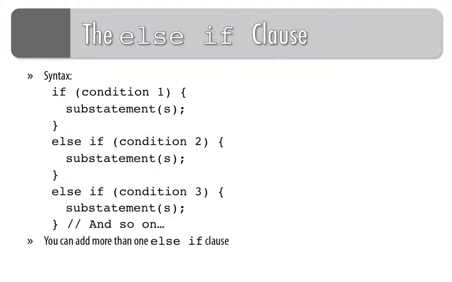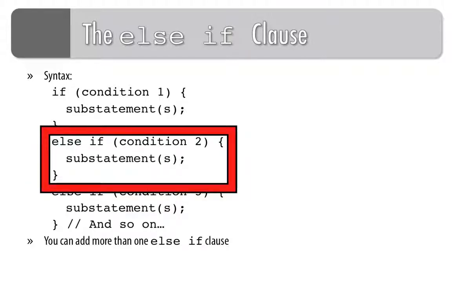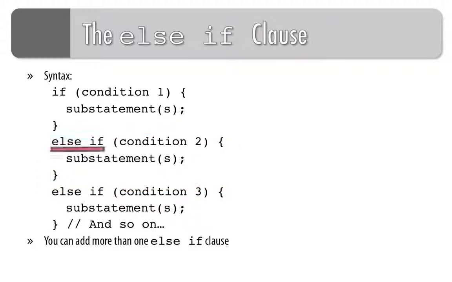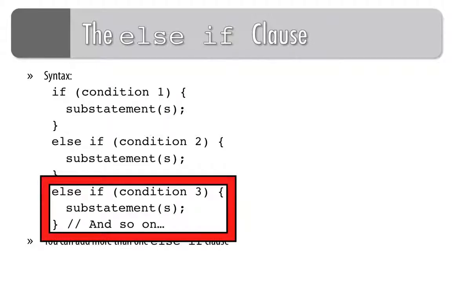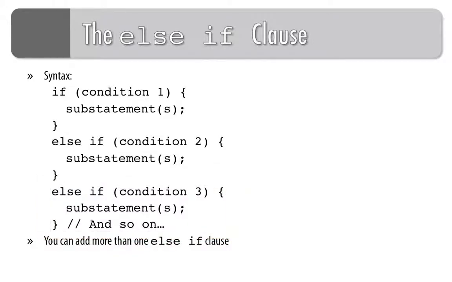You then follow it up with the else-if clause. You start with the else-if keywords, followed by another condition and its own set of substatements. If you want to specify another condition, then you just go ahead and add another else-if clause. And you just keep adding as many of them as needed.